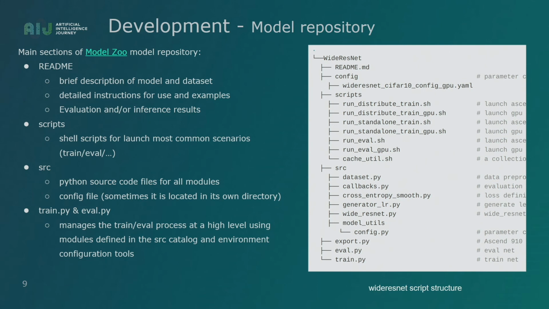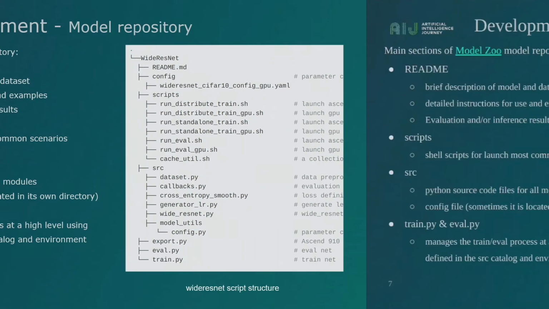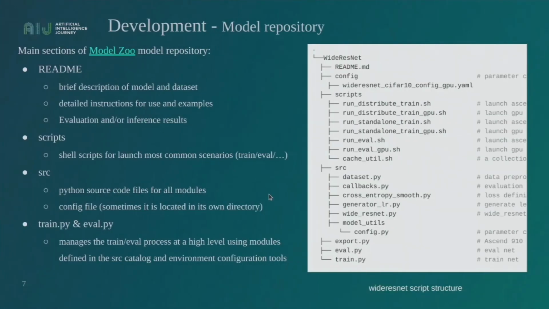You can launch them in most common scenarios. There's the src folder, where you can see the source code of the model and the configuration file. And also train.py and eval.py, which bring all these modules together and launch the training process the way it's needed. Here we have a video.